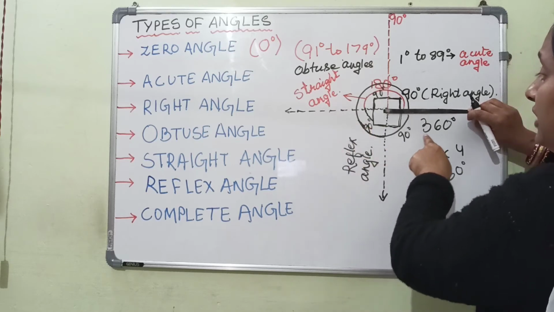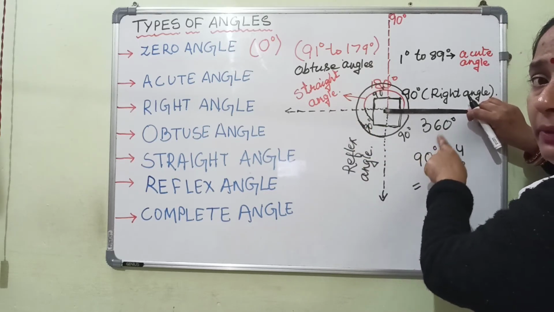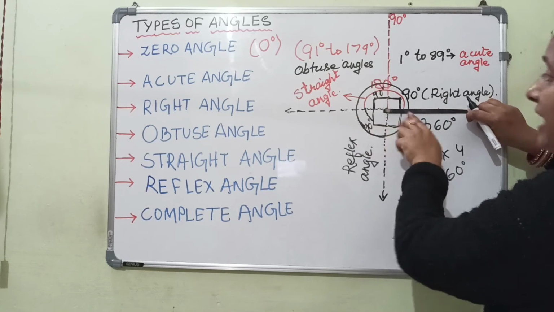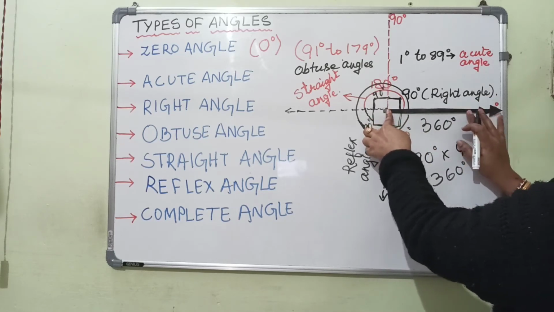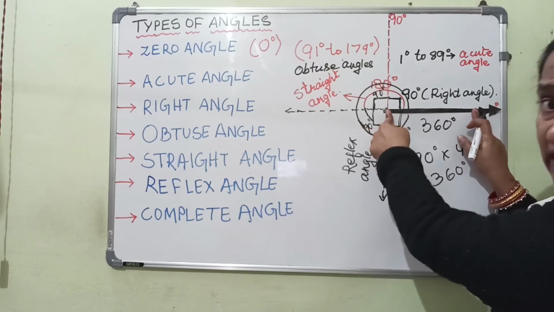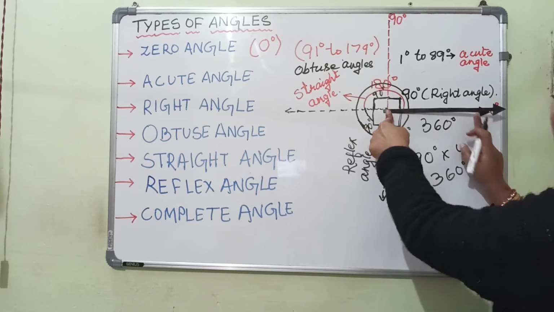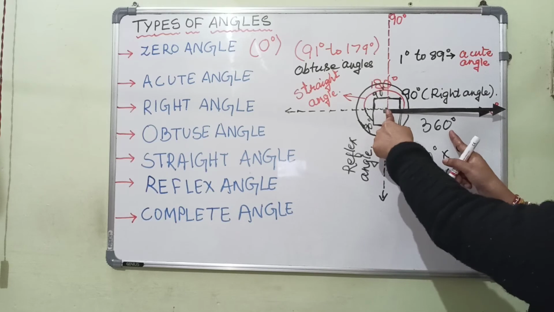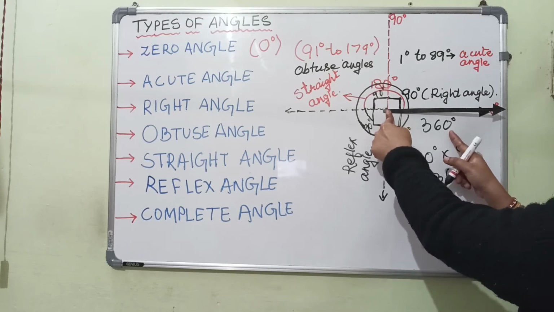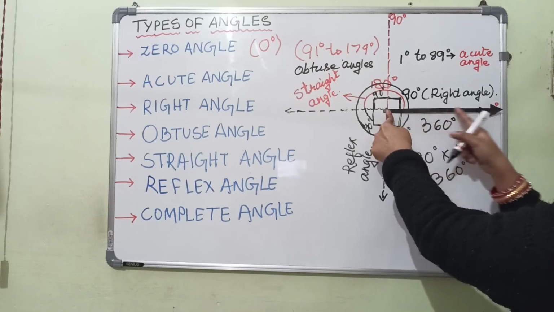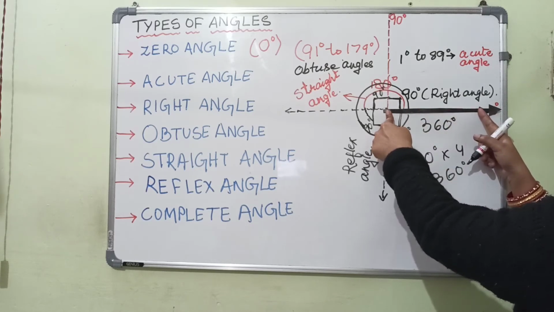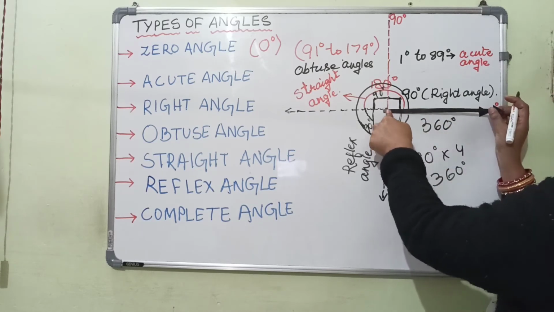The angle measuring 360 degrees will be called a complete angle. Now children, have a look. When the angle is 0 degrees or 360 degrees, in both cases you will find both arms of the angle overlapping each other.